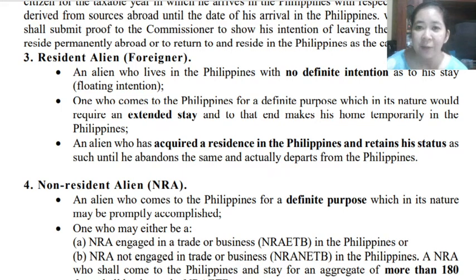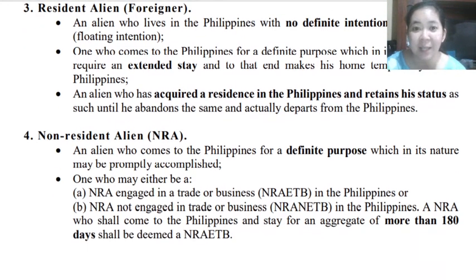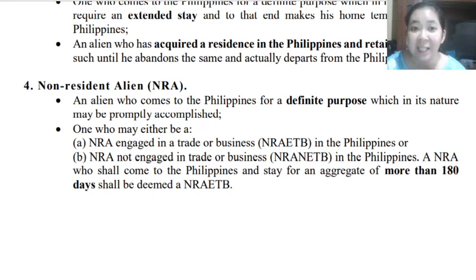For the fourth classification of income taxpayers, we have the non-resident alien or NRA. So here, this is a foreigner who comes to the Philippines for a definite purpose, which in its nature may be promptly accomplished, meaning he has to stay only for a short period of time here in the Philippines.